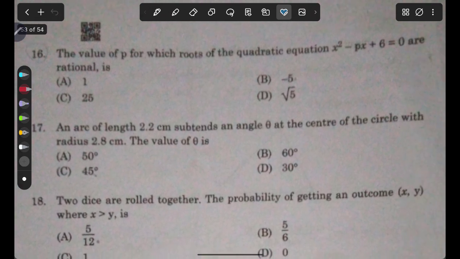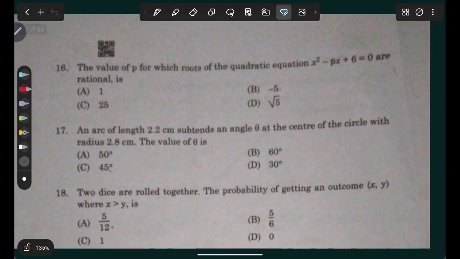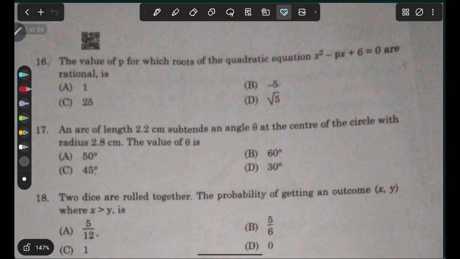Now coming to the next question, the value of p for which the roots of the quadratic equation are rational. So for the roots of the equation to be rational, very important thing, one condition must be satisfied.